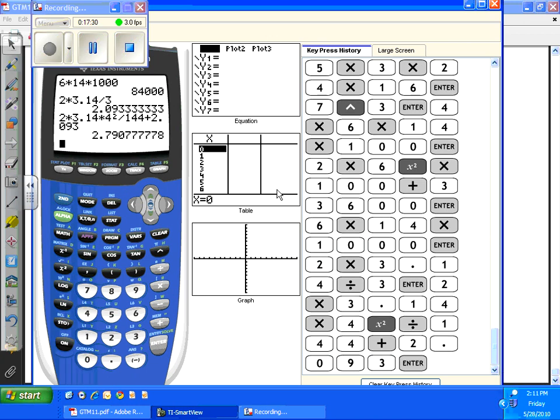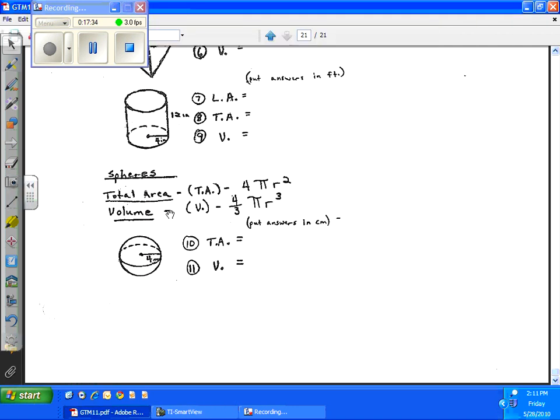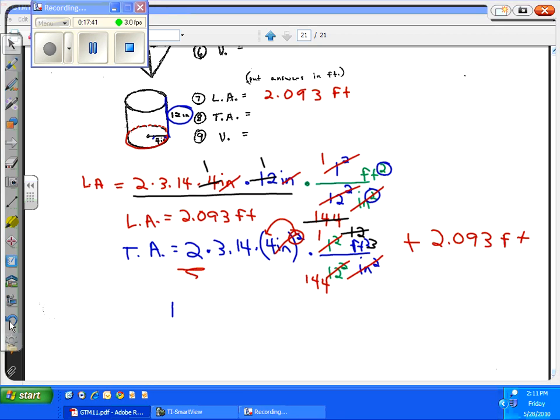And we'll get the total surface area of 2.791 rounded. And that's in square feet. And there was a square on that feet right there I had forgotten, okay?